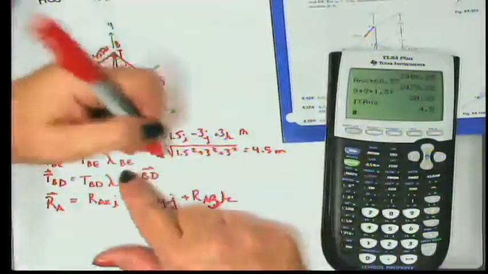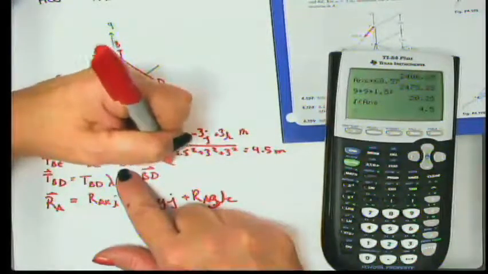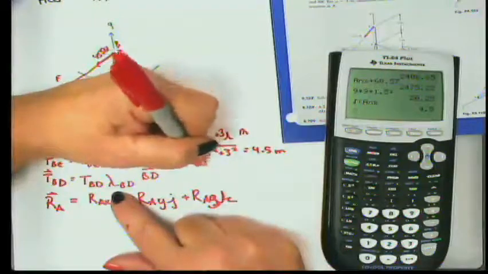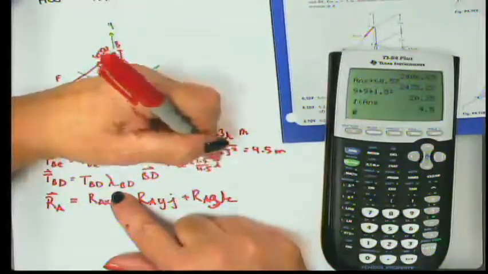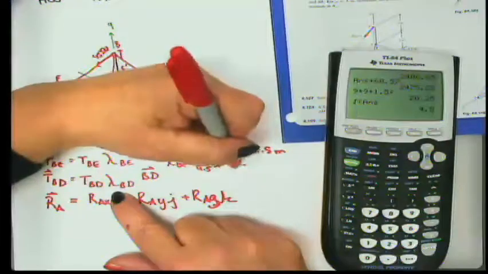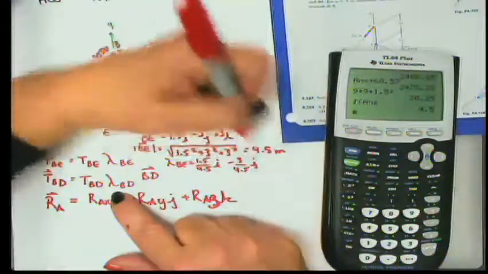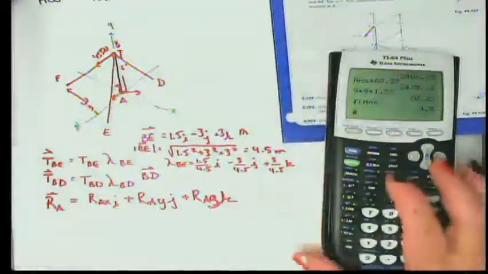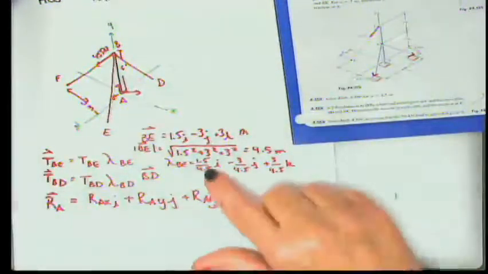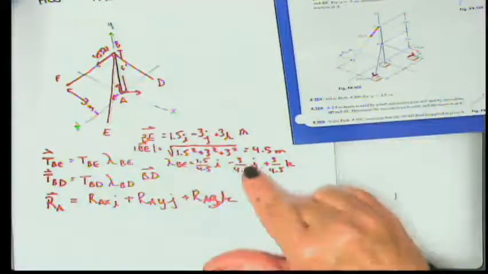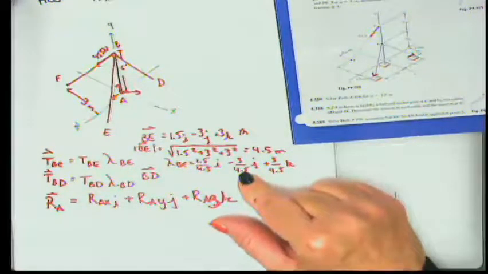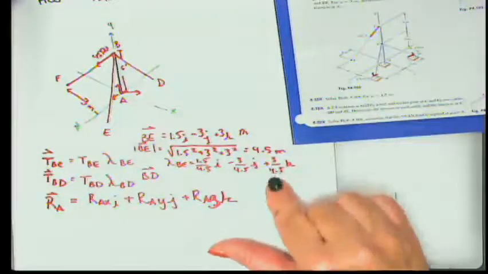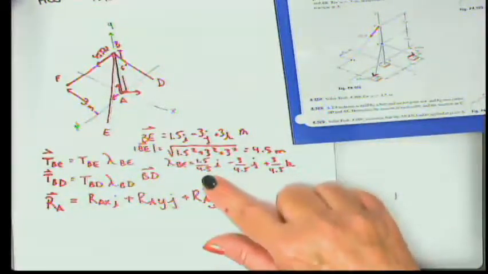Okay. What that means is I can write lambda BE as 1.5 over 4.5 I minus 3 over 4.5 J plus 3 over 4.5 K. All right, and you can probably see that out of 4.5, if you take 3 and divide it by 4.5, this value is 2/3, and this value is 1/3.